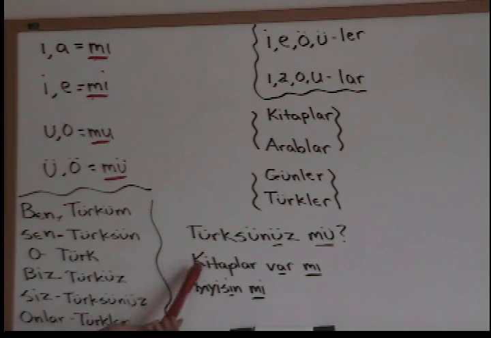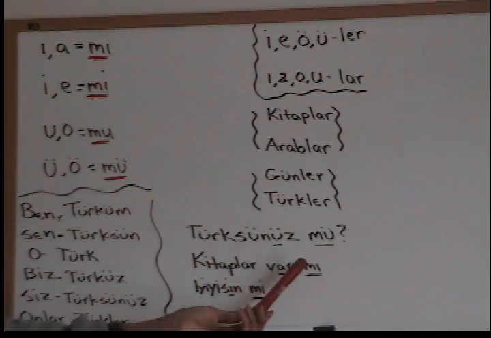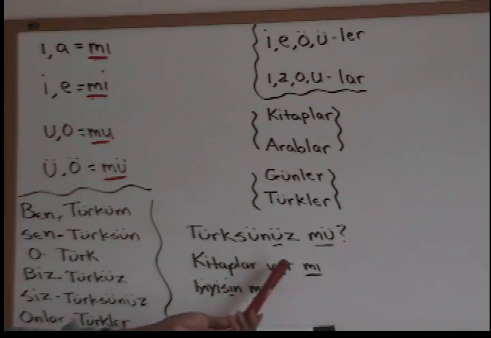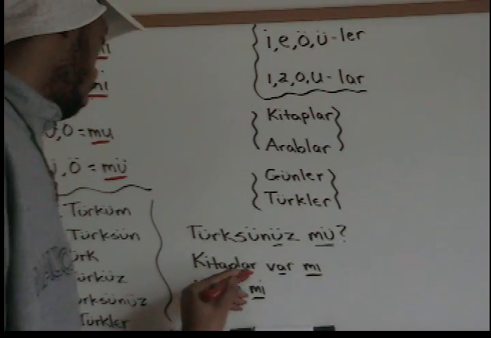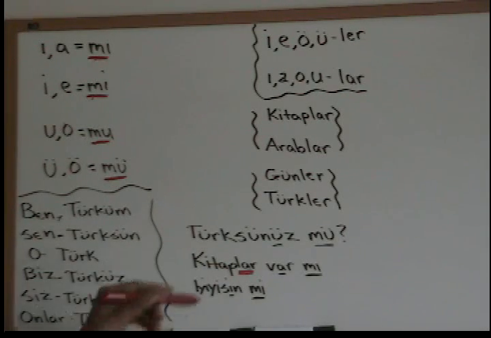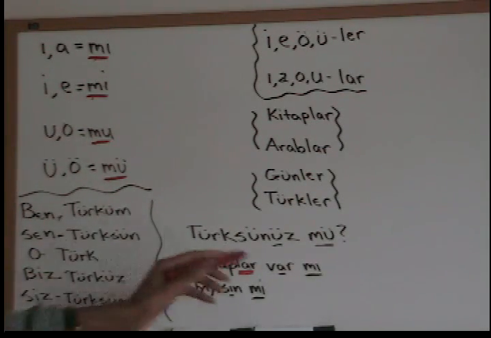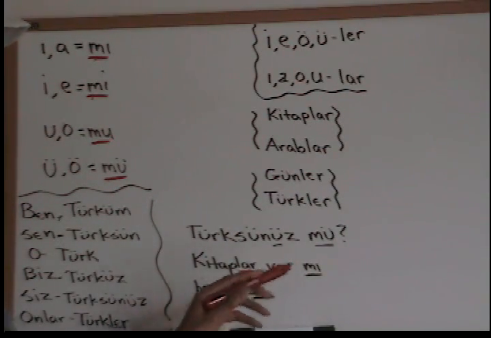Now another example. Kitaplar var mı? Kitaplar, books. Lar will make that the plural, and var, exist or having.